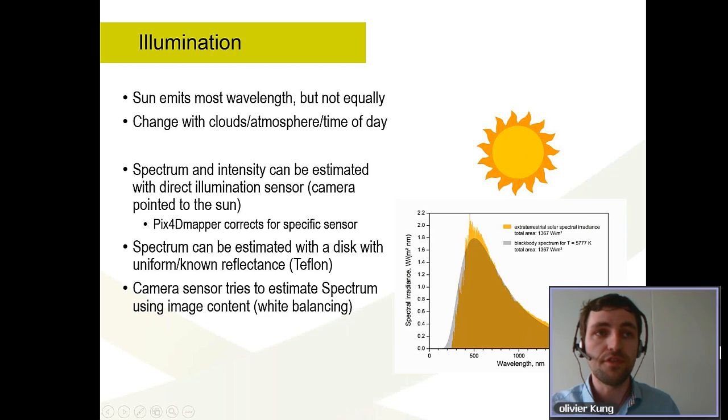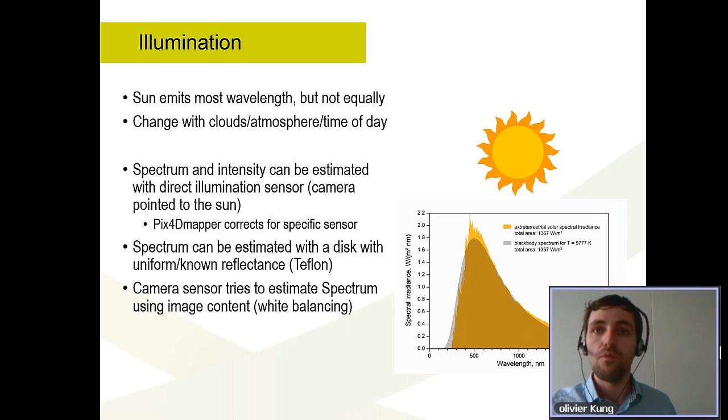And this is not always constant. This is going to change with the clouds, the atmospheric conditions, with the time of the day. And the amount of power that the sun is going to give in the red, green, blue, and infrared channels is not always going to be constant.